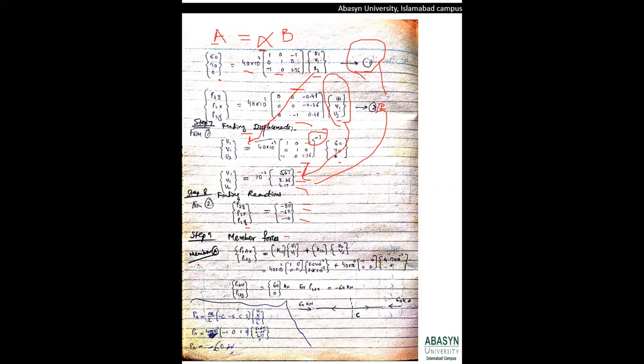First one is that for member A, you can write this submatrix, that is P1AX, P1AY equals K11 times U1 V1 plus K12 times U2 V2.